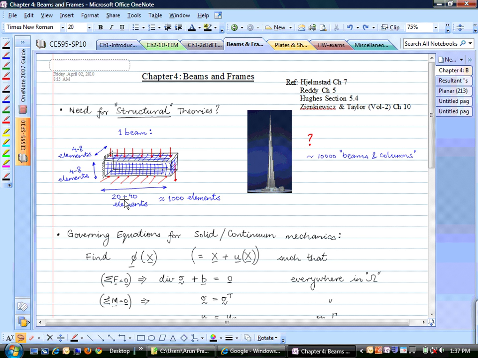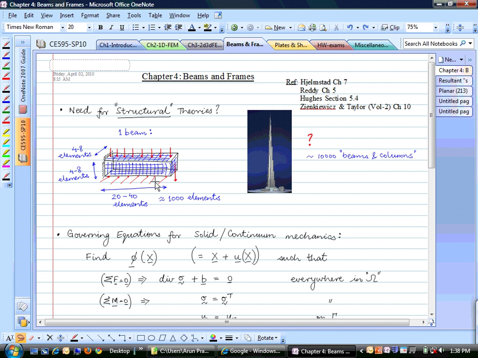So in 3-dimensional problems, if you have 4 to 8 elements here, 4 to 8 elements here, and maybe 20 to 40 elements along the length, immediately your number of elements has reached your Abaqus student version's limit. So the question really becomes: if it takes this many elements to model something as simple as a cantilever beam, how in the world do you go about modeling something that is 800 meters tall and has maybe tens of thousands of beams and columns?